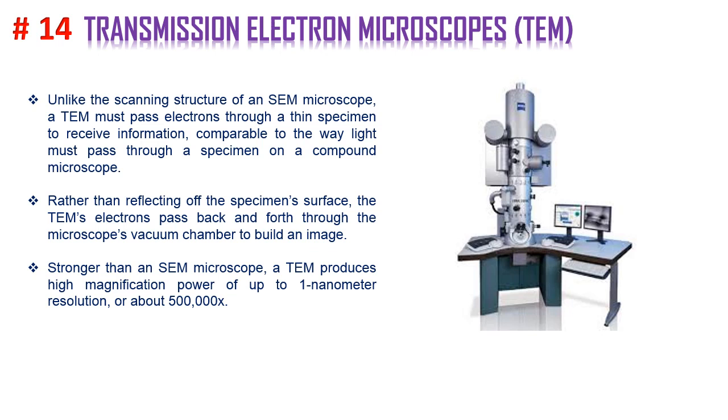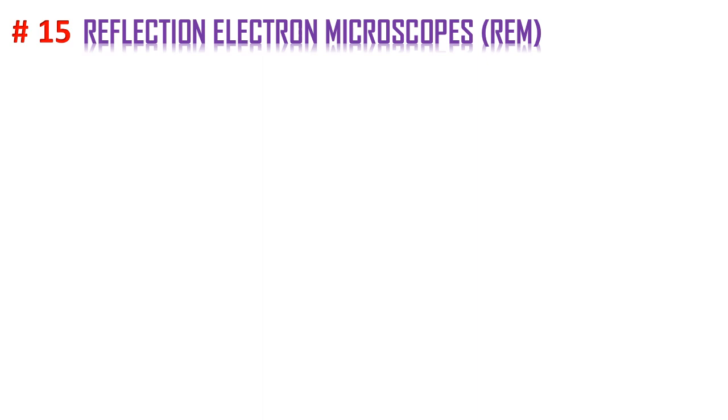Rather than reflecting off the specimen surface, the TEM's electrons pass back and forth through the microscope's vacuum chamber to build an image. Stronger than some microscopes, a TEM produces high magnification power of up to 1 nanometer resolution, about 500,000x magnification.